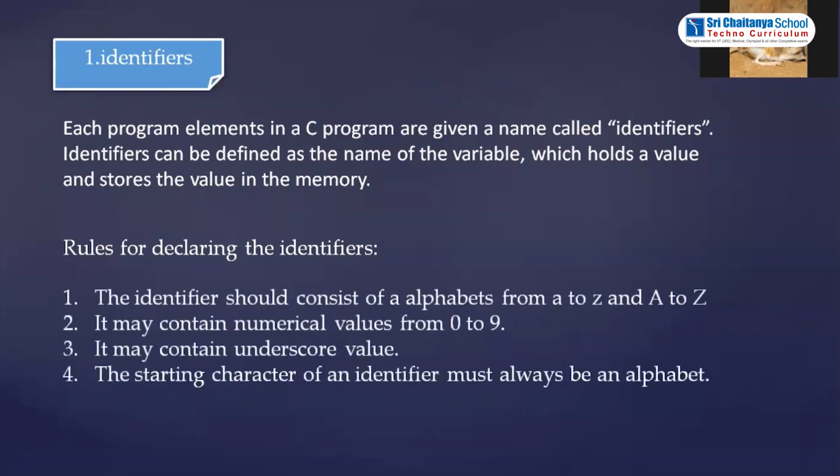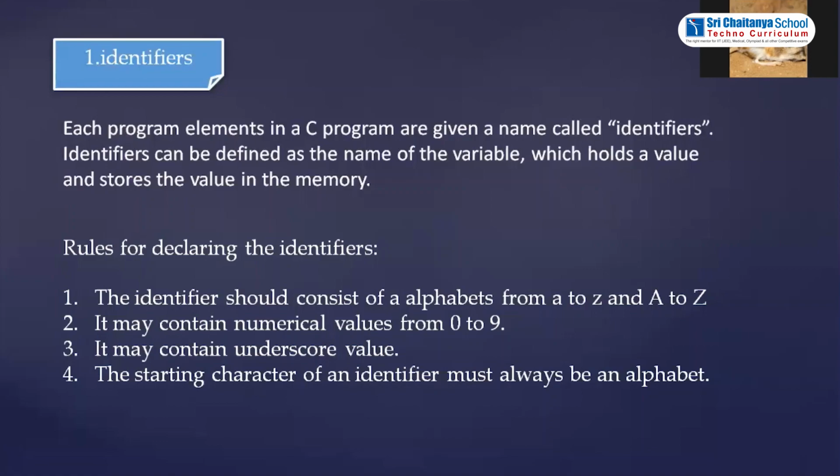The rules are: the identifier should consist of alphabets from A to Z and capital A to capital Z. Identifier names are case sensitive. Identifiers may also contain numerical values from 0 to 9. It may also contain an underscore.